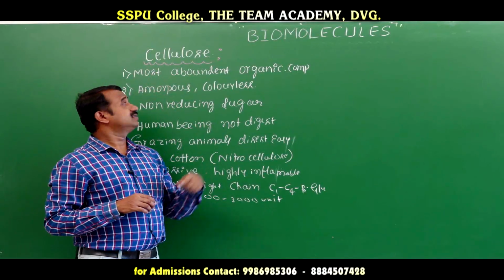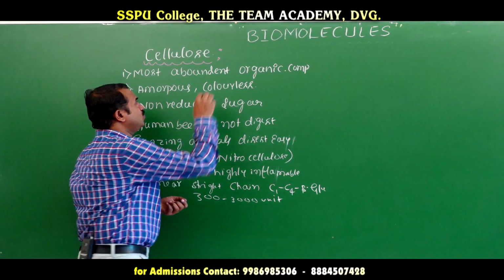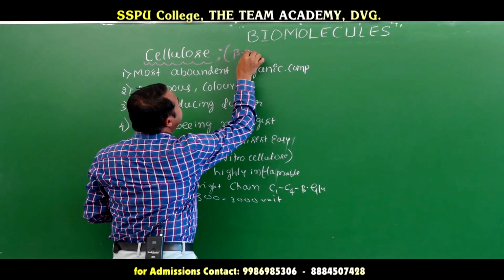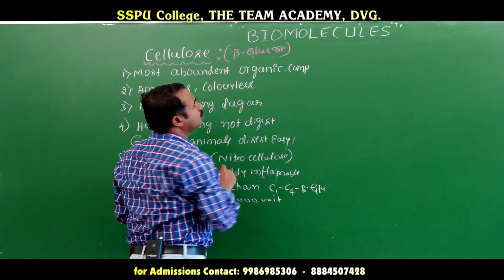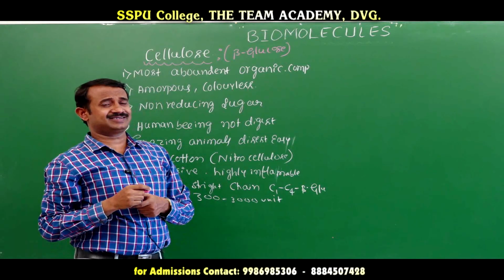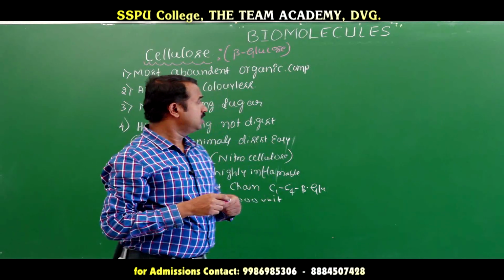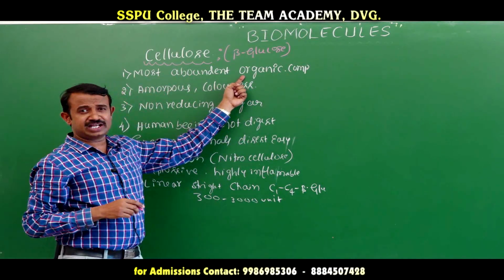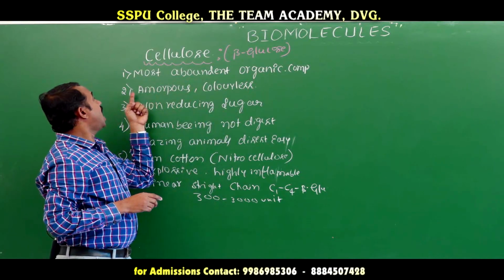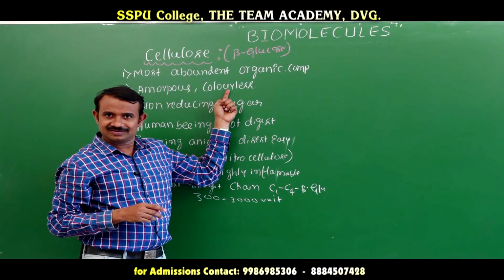Next we will go for another polysaccharide, it is cellulose. The cellulose monomer is beta glucose, but starch is alpha glucose. Cellulose is the most abundant organic compound. It is amorphous and colorless.